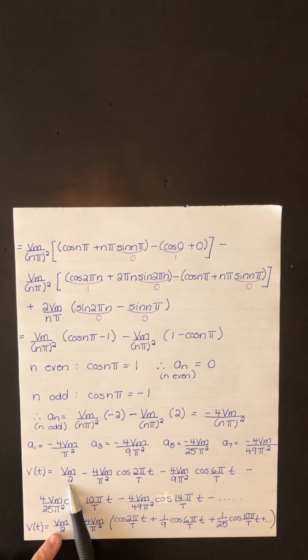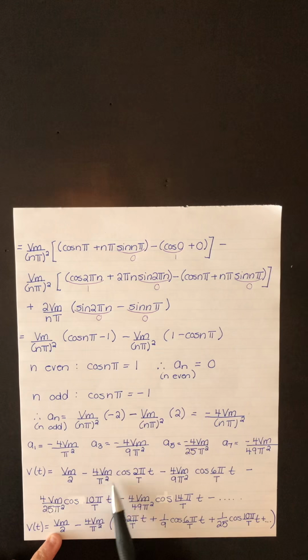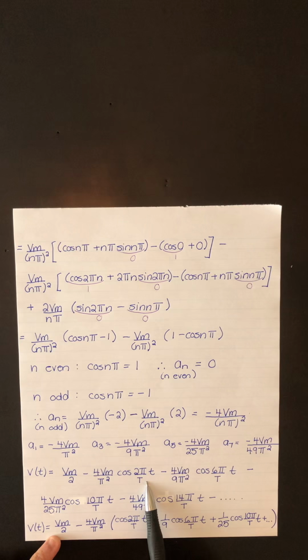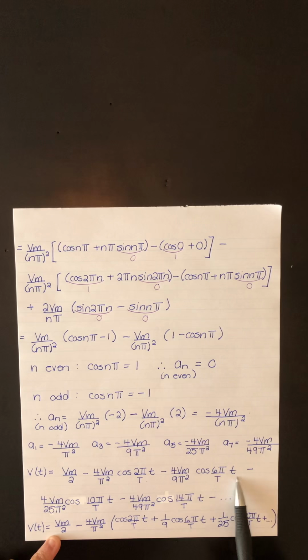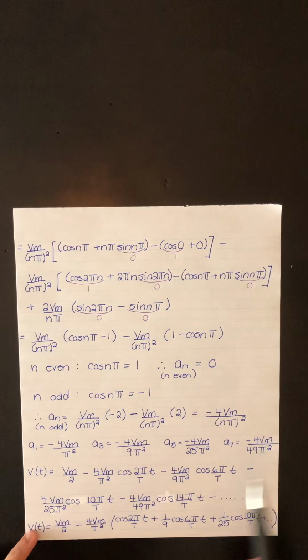That's the A0 term. Here's A1, and look at the angle, it's 2 pi ft. Here's A3, 6 pi ft for the angle. Here's A5, 10 pi ft for the angle. Here's A7, 14 pi ft for the angle.